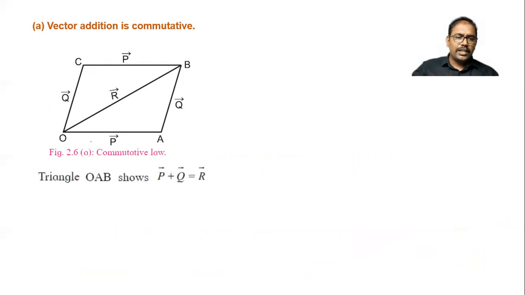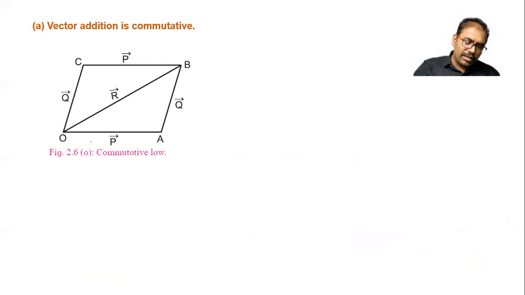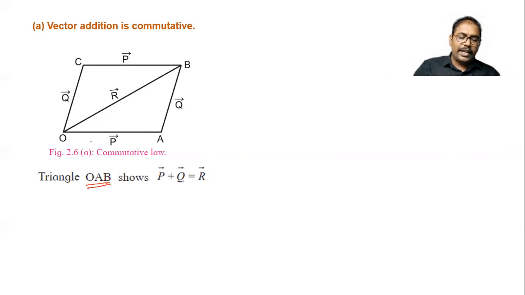So I consider here, this is a triangle, and this is a parallelogram. With this diagonal, we get two triangles. This is the first and this is the second triangle. Now see triangle OAB. OAB means this one.